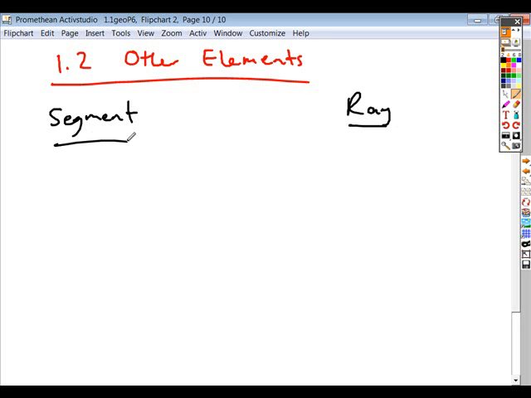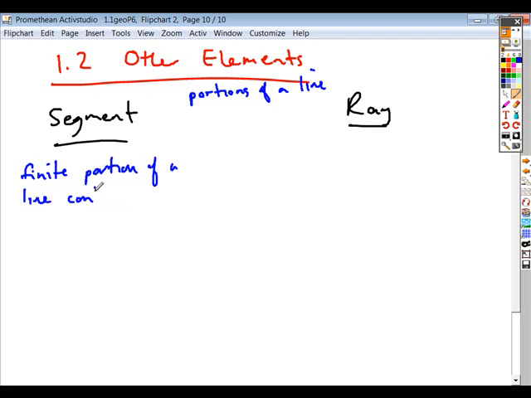All right, here are the two other elements that I want to cover. These are both portions of a line. Okay, so these are just parts of that element, the line. A segment is the finite portion of a line that's contained between two endpoints.